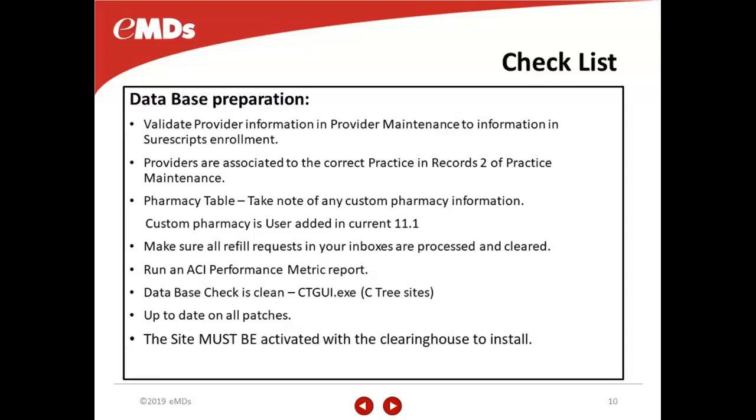Make sure all the refill requests in the inboxes are processed and cleared. If they're going to go ahead and upgrade, hopefully they've been using that function. If they have not, those can be archived at some point. What will happen is, if there are refill requests sitting in the inbox, once we migrate, they are still there, but they're dead, meaning that they can't forward them on or do whatever they need to.